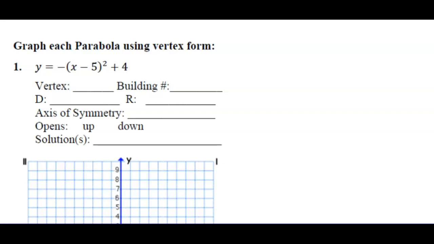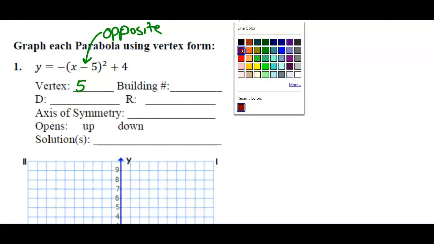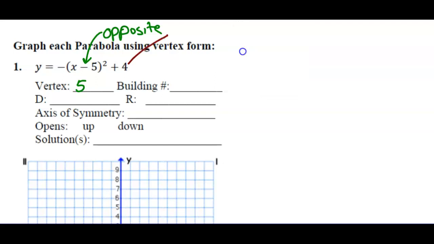Our x value, this x value of the vertex, was always opposite. So positive 5. Our y value was always the same. So this is going to be 4. So our vertex for this particular graph is (5, 4).